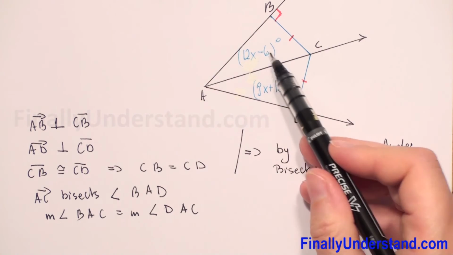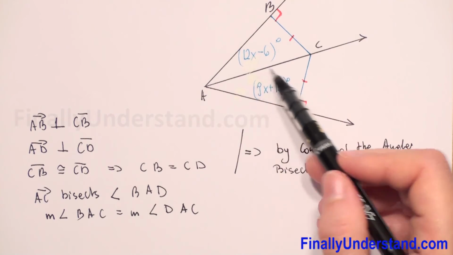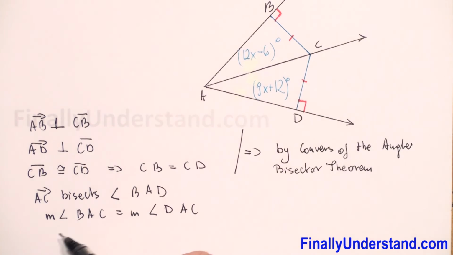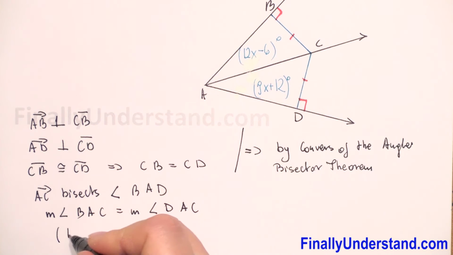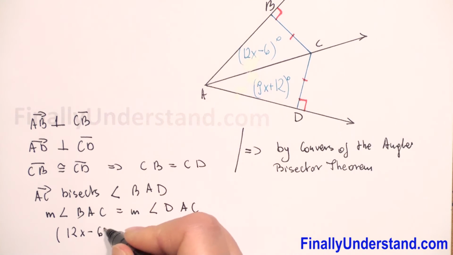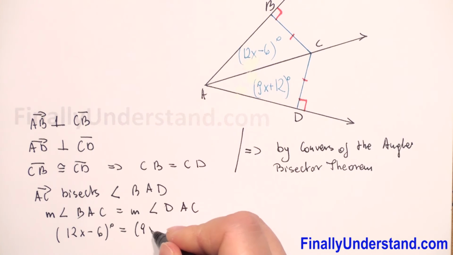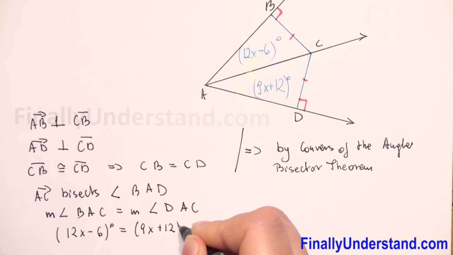And these two angles are given by these expressions. So we can substitute into our equation, and we will have that 12x minus 6 degrees is equal to 9x plus 12 degrees.